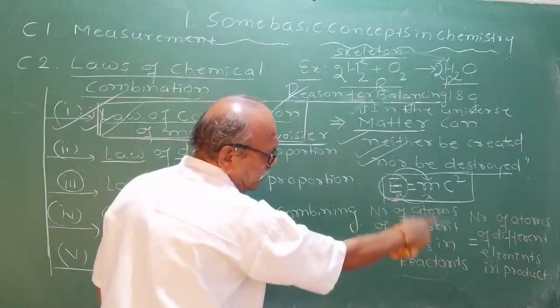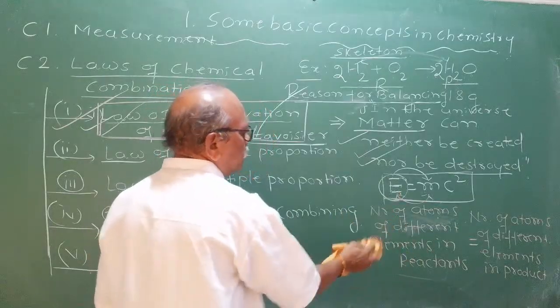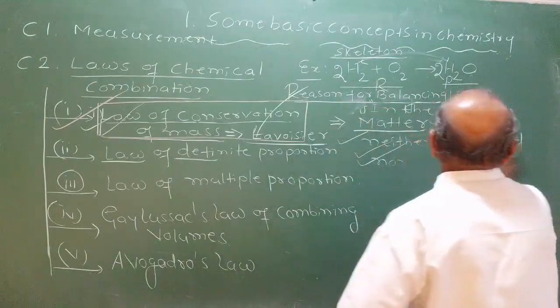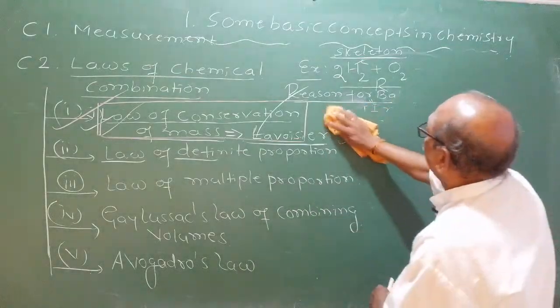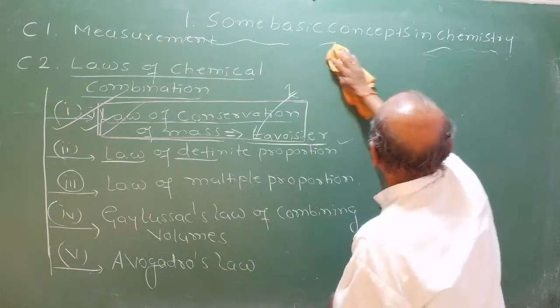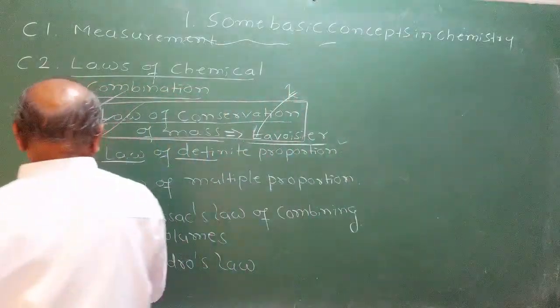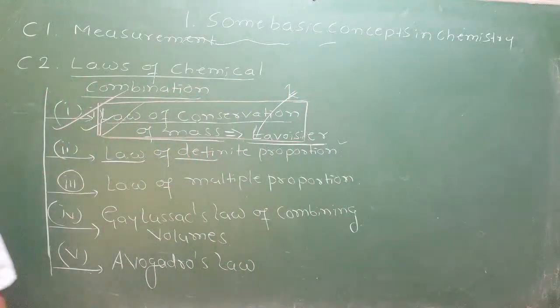This is the practical application of this law. To be in accordance with the law of conservation of mass given by Lavoisier, we have to balance a chemical equation. I hope you understood the value and importance of this law. Any doubts in this? Okay.